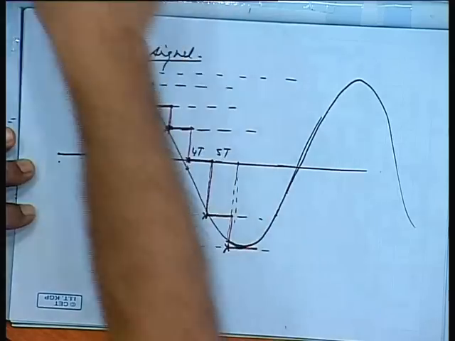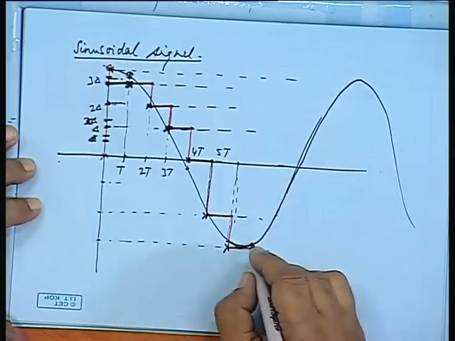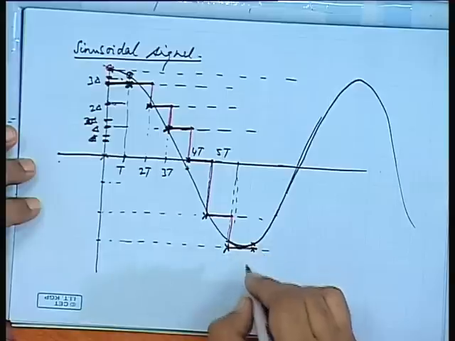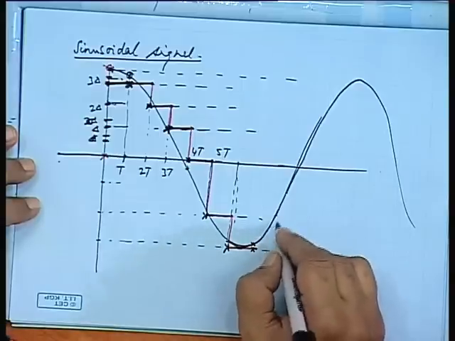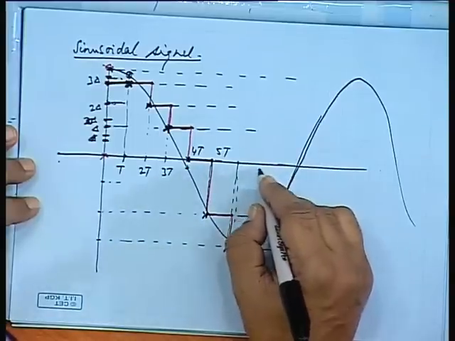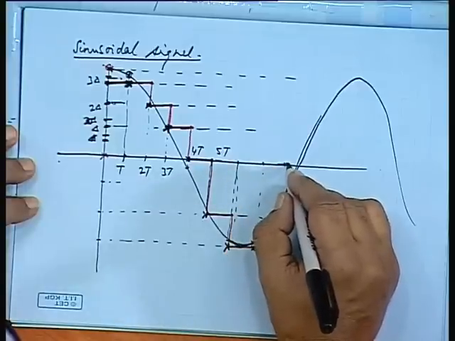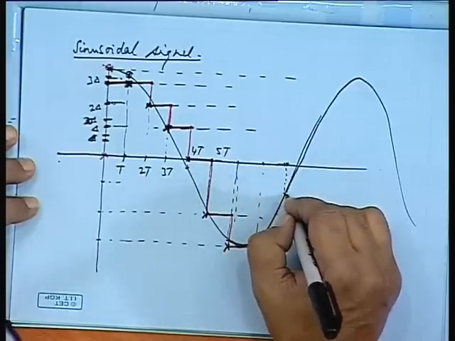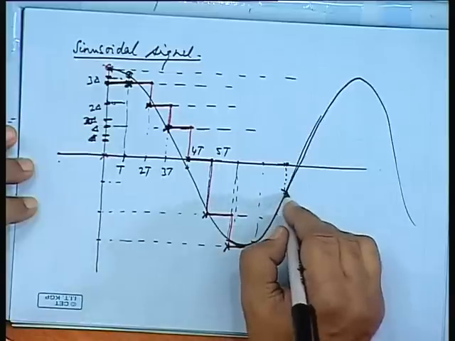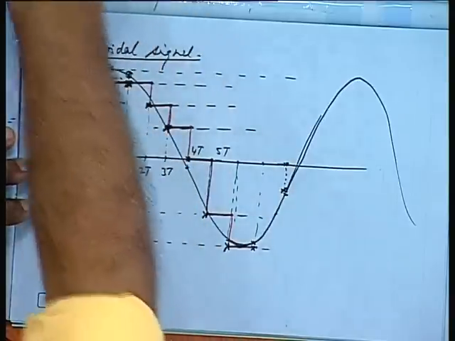Similarly, if I sampled here, that will also be approximated here. If I take the next sample somewhere here, it will be like this, so it will be approximated here, and so on.